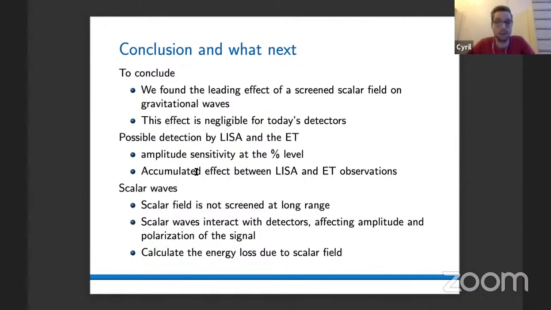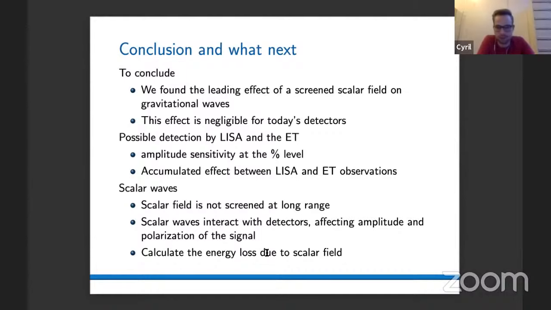And that might be non-negligible, because as we saw, the scalar field is not screened at long range, but usually it's assumed that Earth is in a screened environment, and so the scalar field has only a little effect on the detector. But something interesting is that scalar waves affect the amplitude of the wave, but they also affect the polarization. And our detectors might be more sensitive to the polarization than the amplitude. So even if this effect is small, it might be observable.